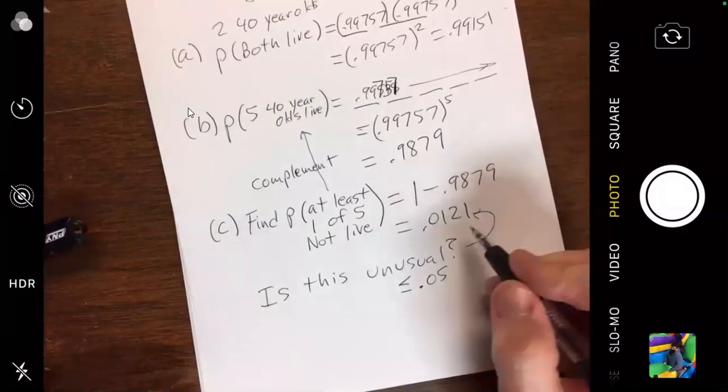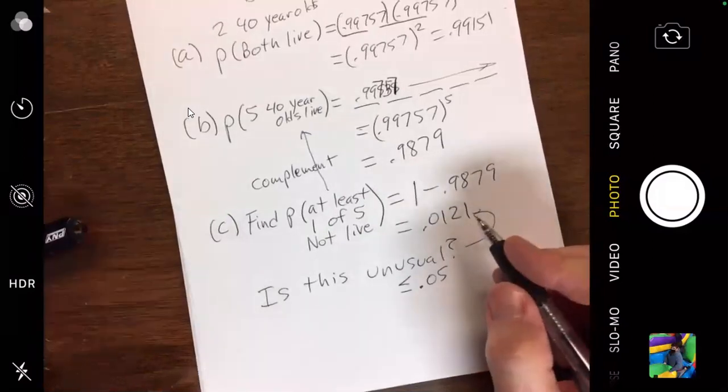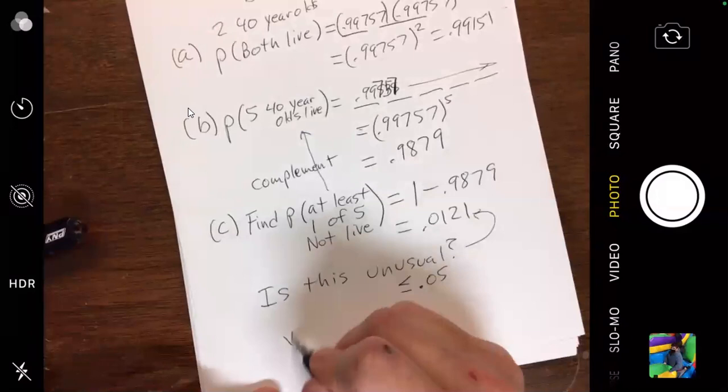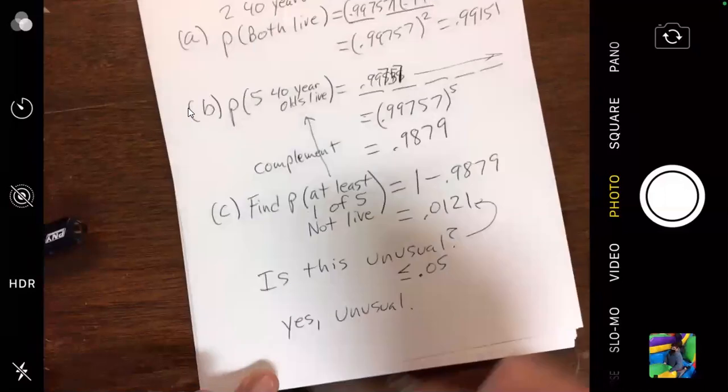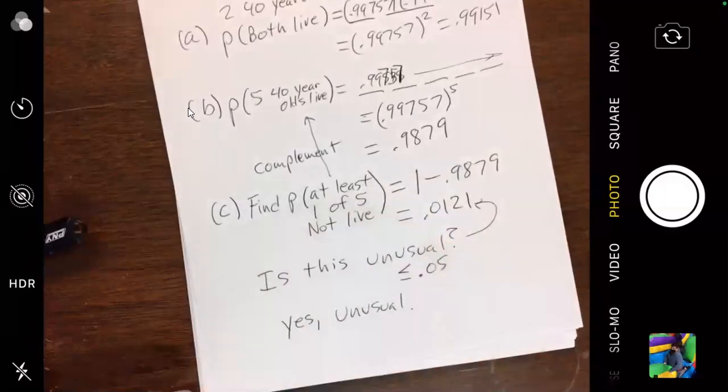And yes, this is 0.01, so very clearly this would be unusual, yes. You'd be surprised. Whoa, how'd that happen? Somebody died. It's only 40 and he died, man.